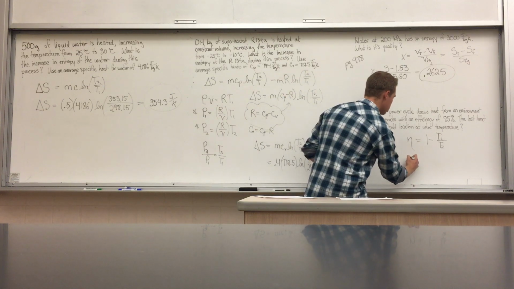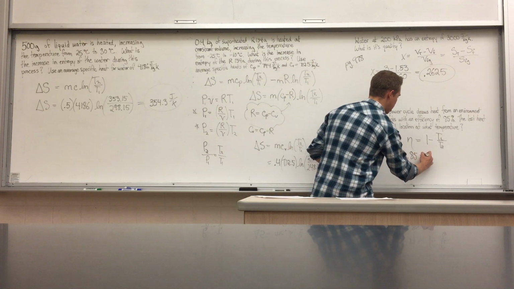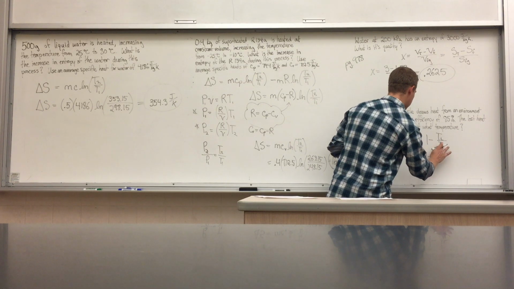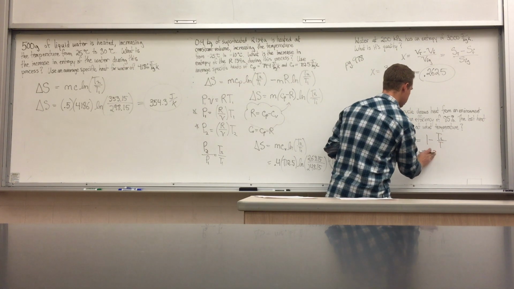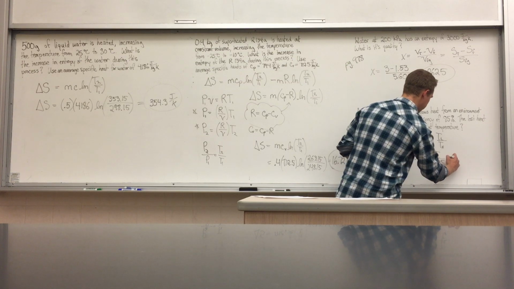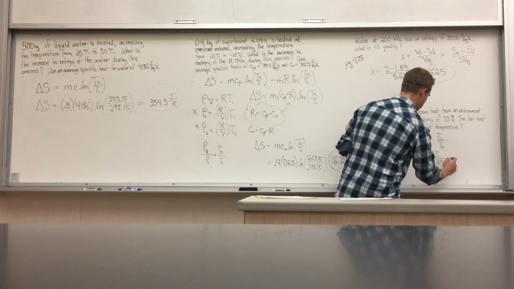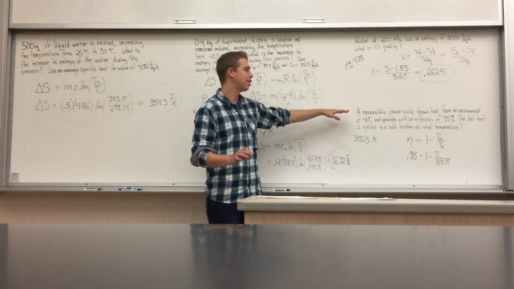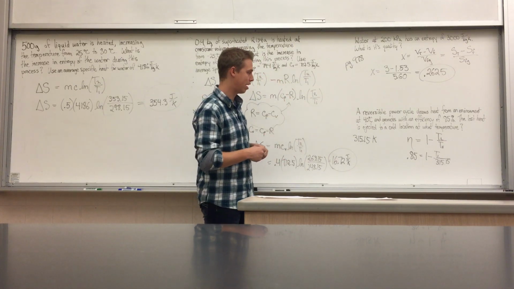And then plugging in numbers, we know this side is 0.85. We know the T high, that's what we know. T low is our unknown. T high is 315.15. Okay, the temperature we know is T high. It's clear in the question, I'm just getting my brain addled.